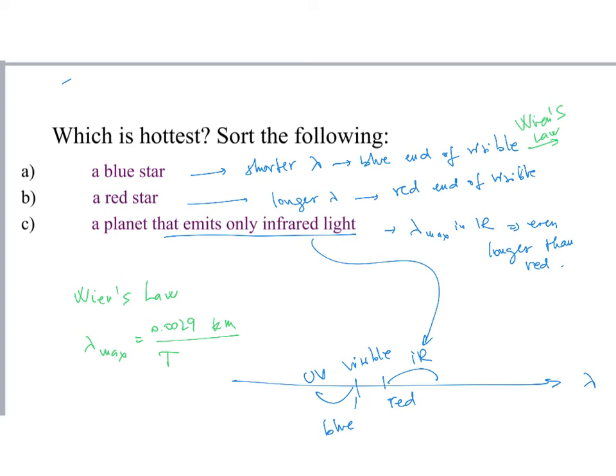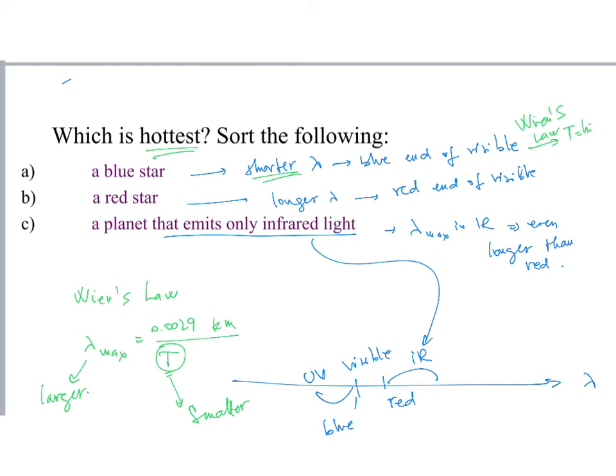So basically, if this is smaller, this would be larger. So which one is the hottest? We need to look for the situation in which we want this to be a high number, okay? And so lambda max needs to be the shortest. So this would be the hottest, right?